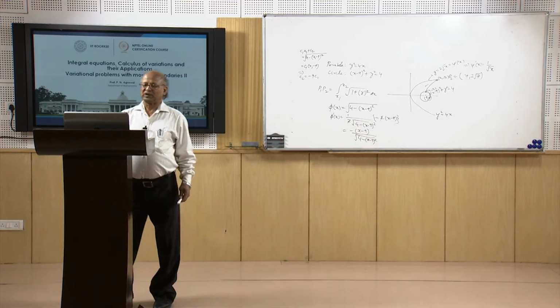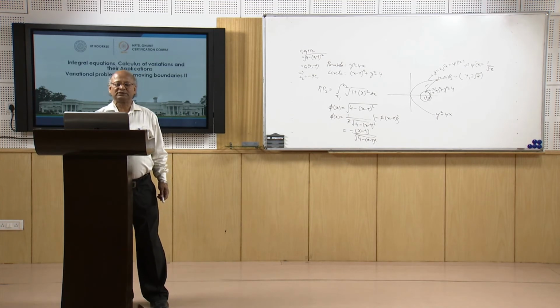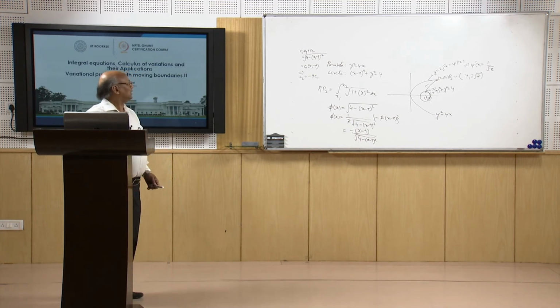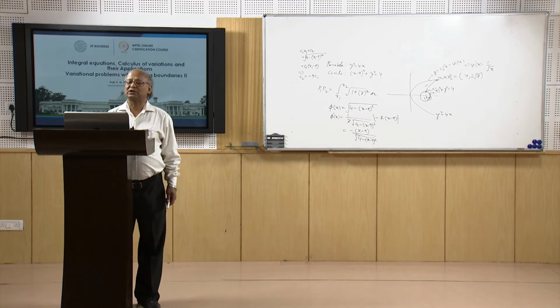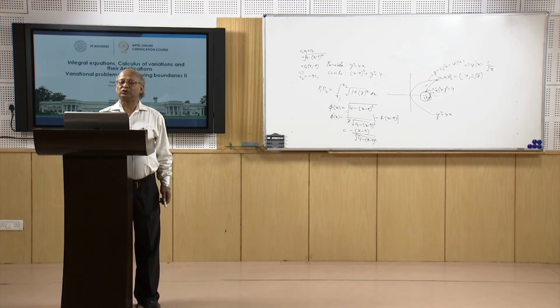And since x2 is equal to 7, c1 was equal to minus √x2, so we get minus √7. So c1 is minus √7 and c2 is 9√7.